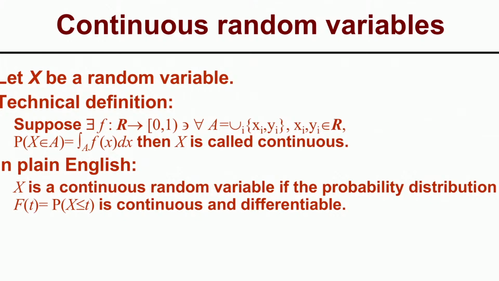It says we want to know the probability that x is less than or equal to some number. And we want that to be a function. And we want that function to be both continuous and differentiable. If you have a probability situation that follows that rule, then you have a continuous probability distribution.